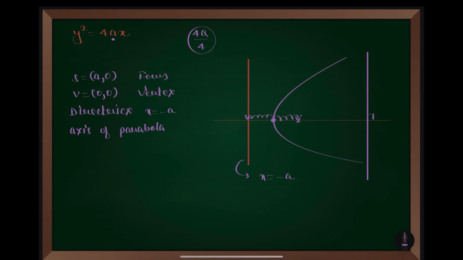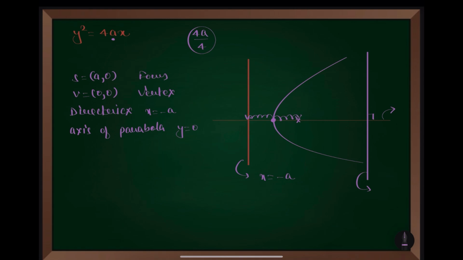So it is x-axis right now, x-axis we call as y equals 0. Now tell me the name of this thing. This is a chord perpendicular to axis of parabola. So you know it is double ordinate, because its y coordinate is same.